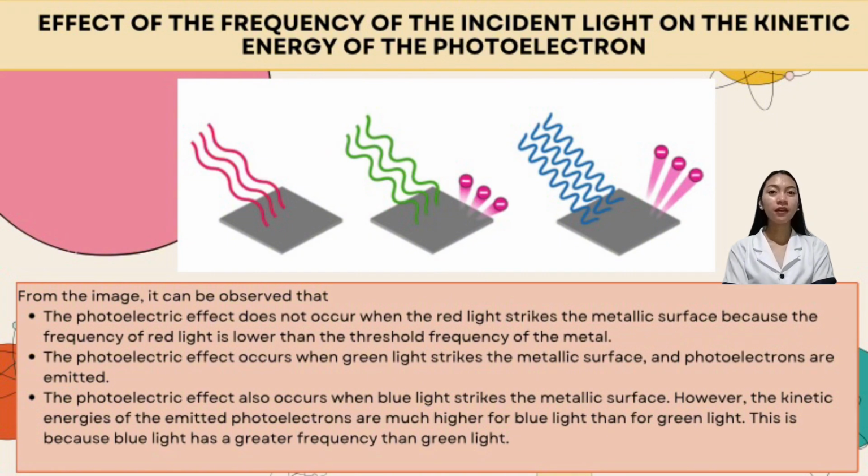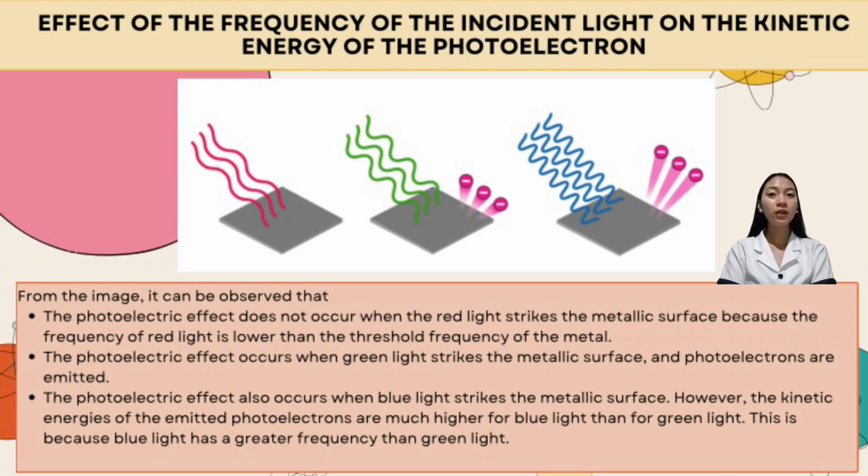The photoelectric effect occurs when green light strikes the metal because the frequency of green light is above the threshold frequency. When light of sufficient frequency strikes the metal, it provides enough energy to eject electrons. These emitted electrons are called photoelectrons. The photoelectric effect also occurs when blue light strikes the metallic surface, but the emitted photoelectrons have a higher kinetic energy compared to those emitted by green light.